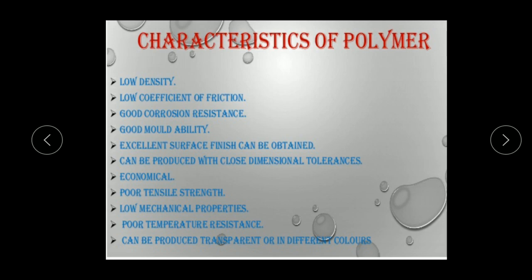But they have poor tensile strength and low mechanical properties compared to metals and ceramics, and poor temperature resistance compared to metals and ceramics. Transparent items and components in different colors can be produced.